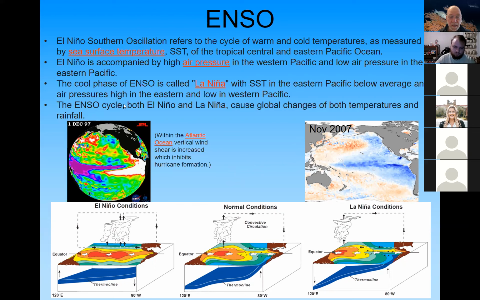This ENSO cycle, the El Nino and La Nina, causes global changes in both temperature and rainfall. And so one of the things that's intensifying our storms is that we're now in a La Nina phase of this El Nino Southern Oscillation, ENSO.